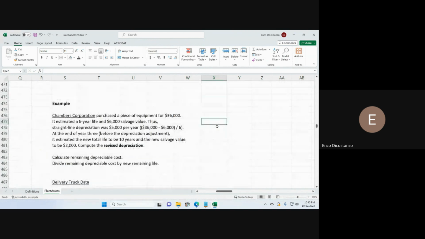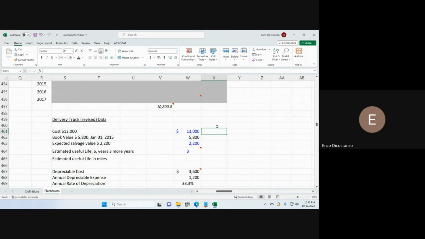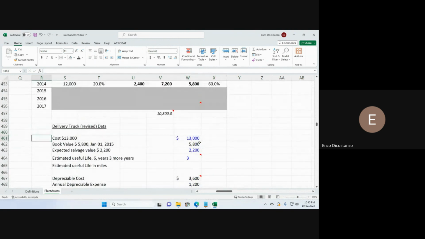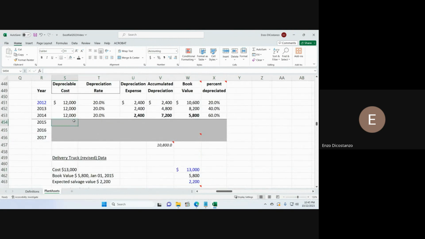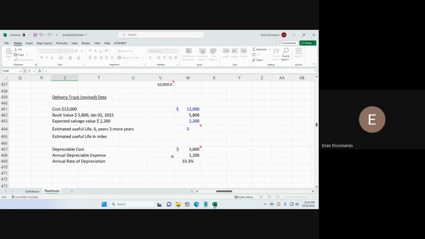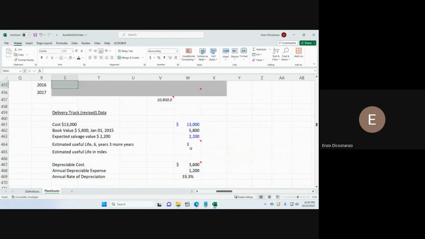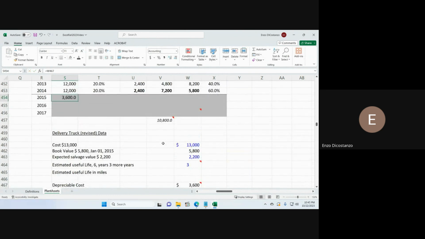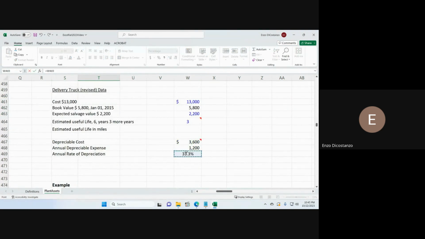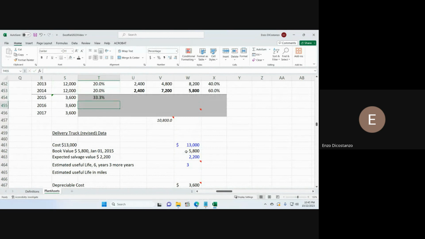That's another revision that we're going to get to in a bit. Okay. So now the new depreciable cost is 3,600. The new percentage is 33.